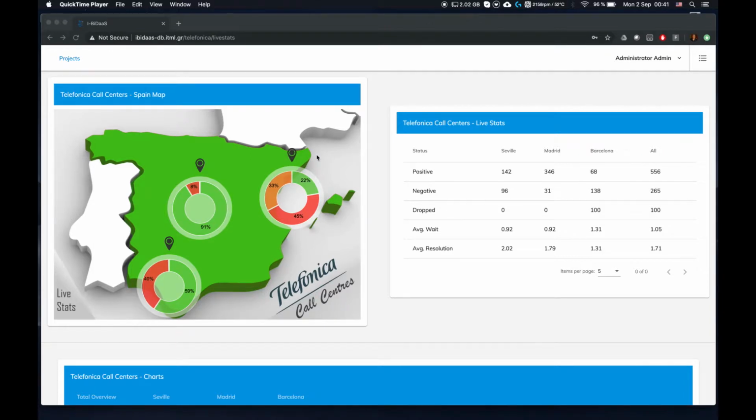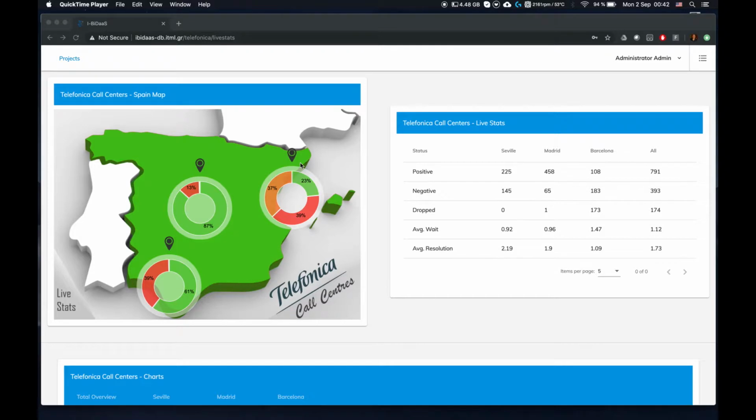Next to each call center location, we see a pie chart that shows the distribution of the percentage of calls that have a positive status, a negative status, or have been dropped. What does that mean?